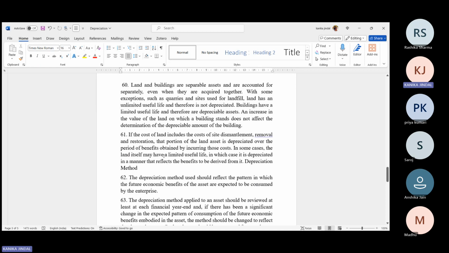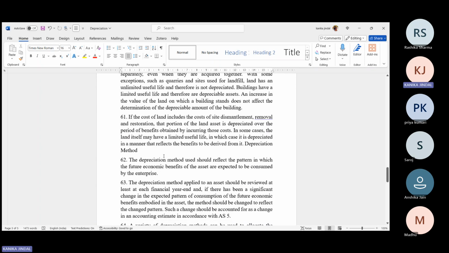Okay, next is, if the cost of land includes the cost of site dismantlement, removal, and restoration, that portion of the land asset is depreciated over the period of benefits obtained by incurring those costs.